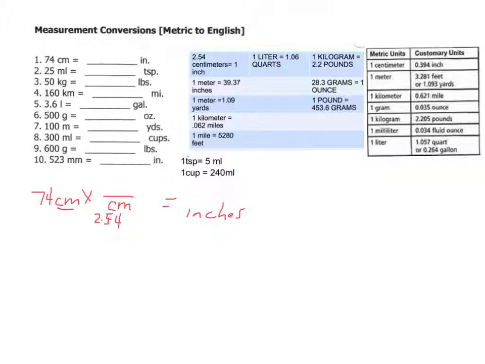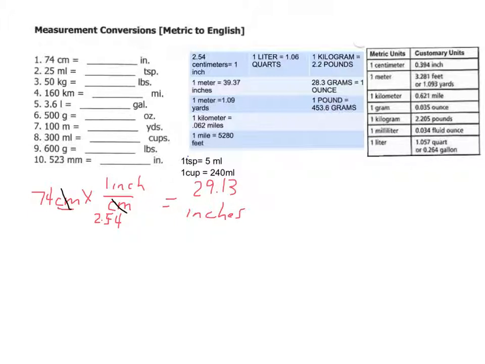And then we have 1 inch on top. And that's going to allow us to cancel out our centimeters, and we'll have units of inches. So to do this problem, we would have 74 times 1 divided by 2.54. We would get an answer of 29.13 inches.